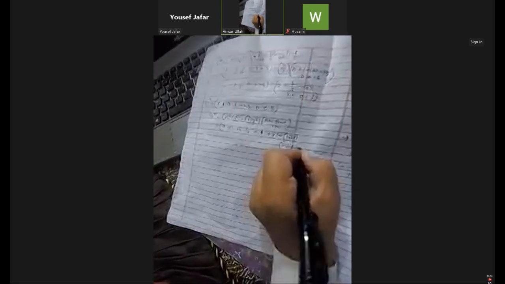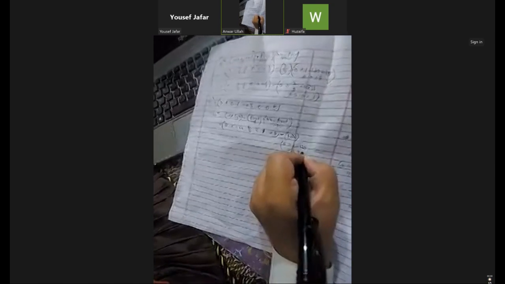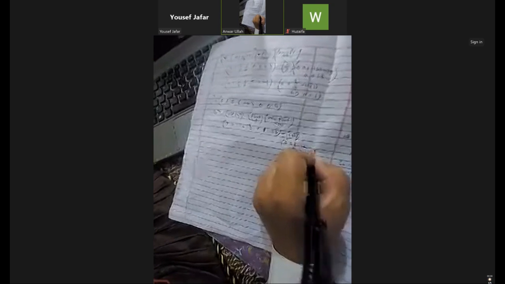This is the old one minus the pivot coefficient, which for this is 1.66, into the new pivot row. The new pivot row is 0, 0, 1, minus 1.25, 0.75, 0, 0, 1, and 1.5.